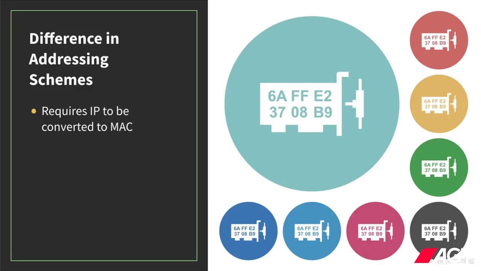Hosts use an ARP table to keep track of the mapping between IP addresses and their MAC versions. Let's check this out on our Windows machine. In your command prompt window, type arp space -a.